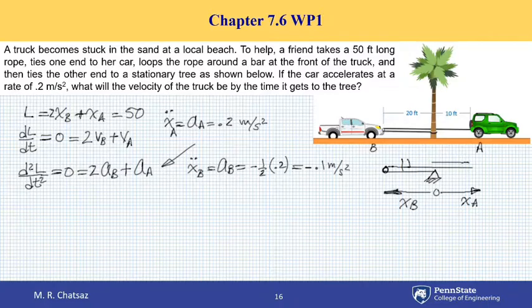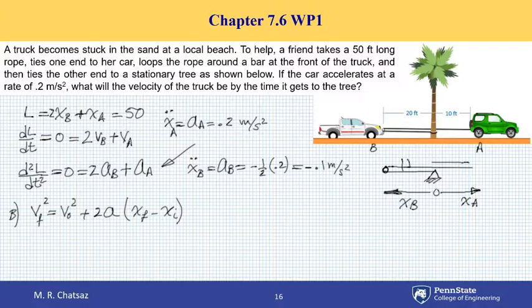If you recall equations of rectilinear motion for constant acceleration, we had this equation, v final squared equals v original squared plus 2 times acceleration times x final minus x initial, or x original, whichever you want to call it. And observe that I'm writing this equation for the truck B. I used acceleration of car A to find acceleration of the truck B.